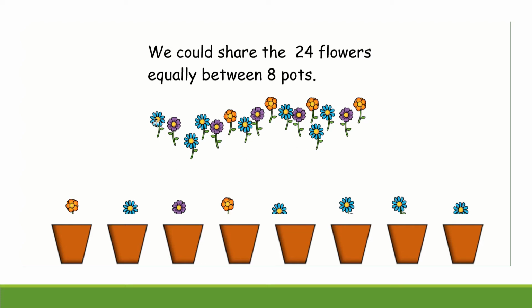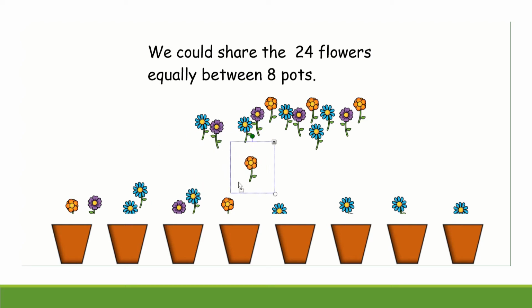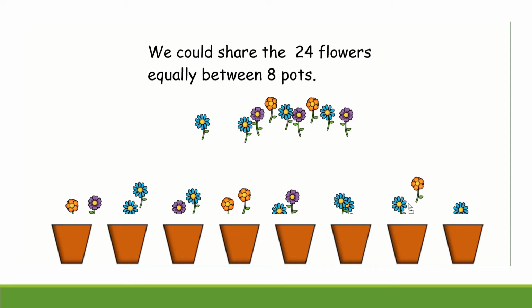And we can share them again. How many do we reckon is going to be in each pot? I wonder who's going to get the answer correct before I finish sharing them out. So far there are 2 in each.